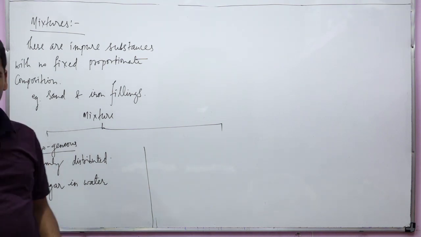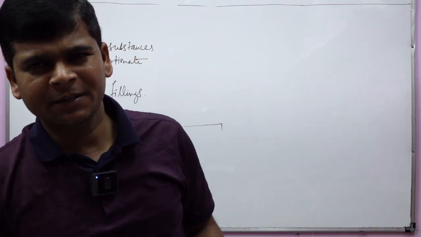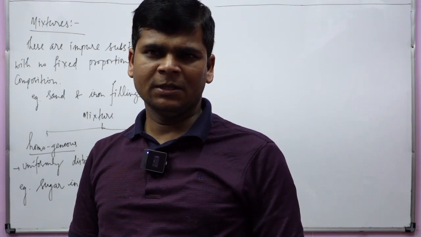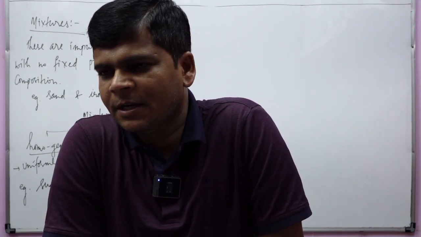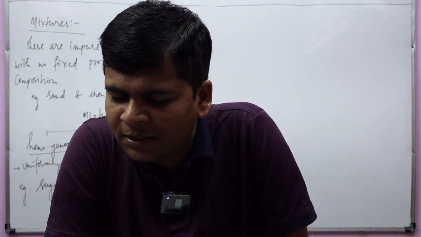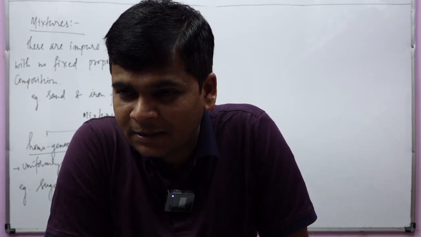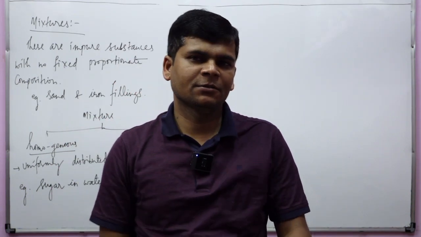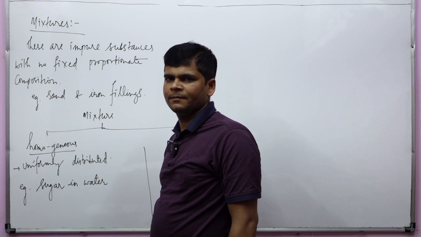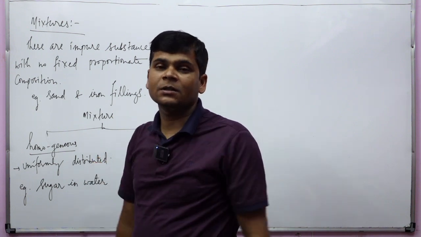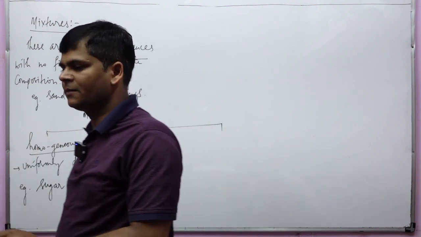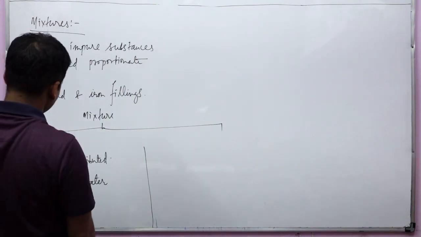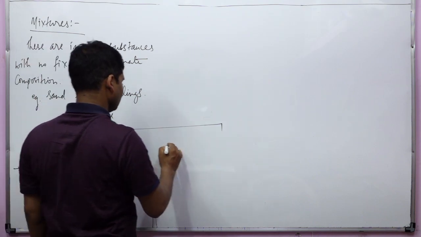You will not be in a position to identify sugar molecules in sugar solution. If I ask you, can you see that sugar particles are there in a sugar solution in water? You may not be in a position to see that. Means particles of sugar are uniformly distributed in such a way that one cannot identify them and they cannot be easily separated.